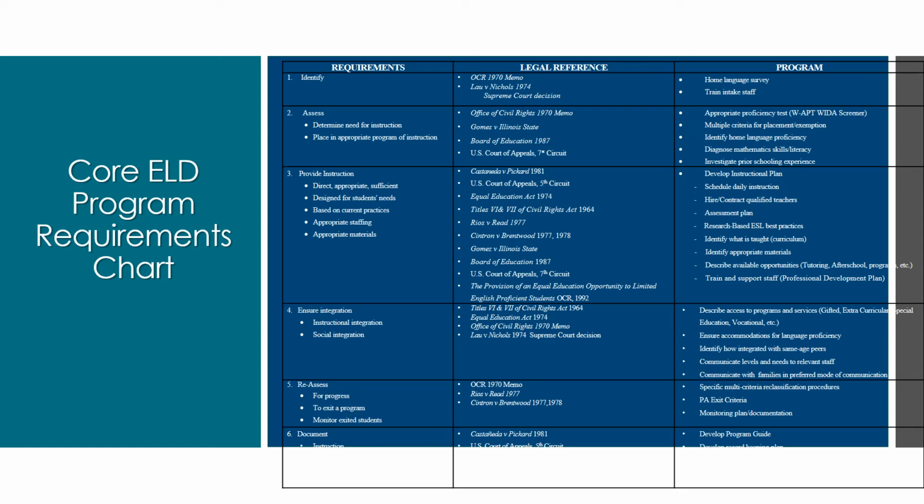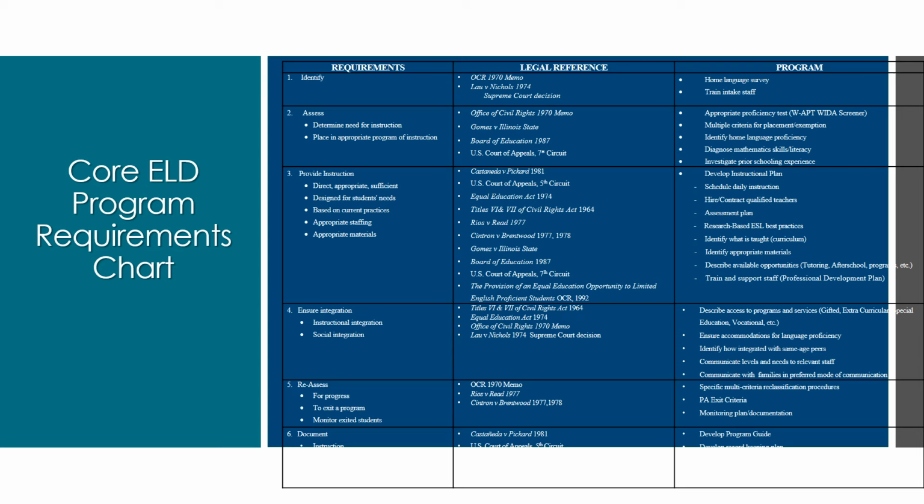Okay, so why is it important that we follow these requirements? To begin with, the requirements really are federal requirements and state requirements. In the middle, you have the legal references. That means that if districts or any other LEAs, like charter schools, or even specific programs for children who are English learners, do not follow these requirements, there are legal implications.